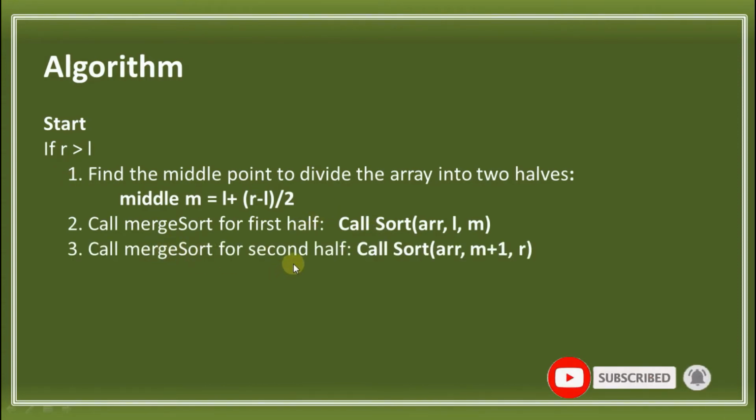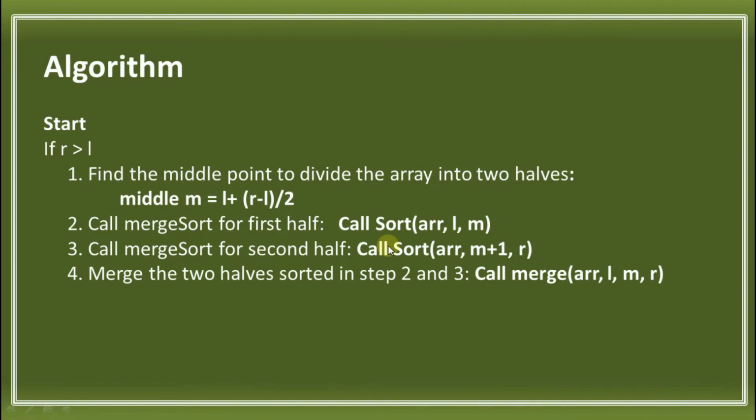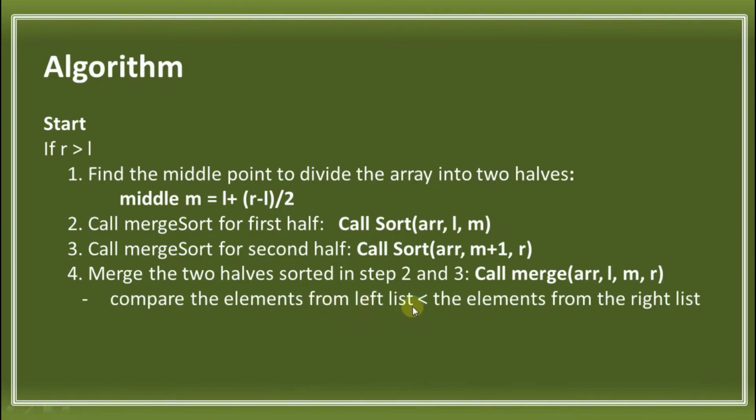Then, i-merge sort niya yung second half. Then, when we are merging, ito naman yung kagagawa lang natin. We need to compare the left list if that is less than the element dun sa right list. Okay, so if no, magsuswap yung dalawa. So, after calling all these elements or functions, mag-e-end na po yung algorithms.